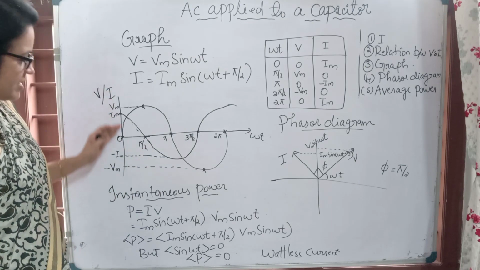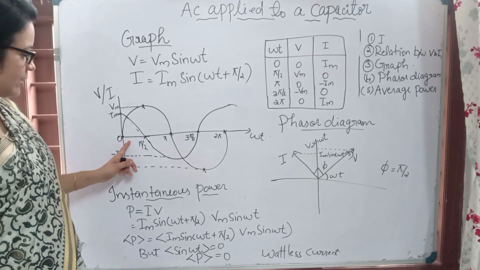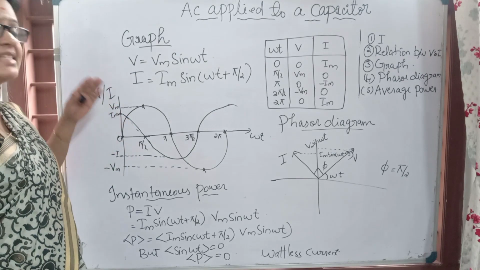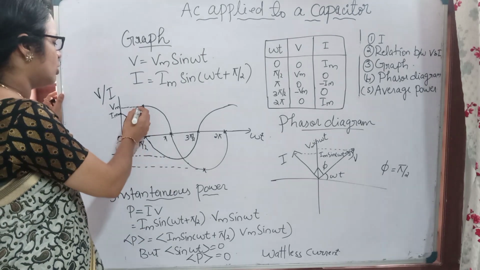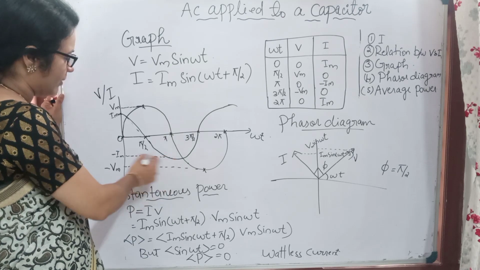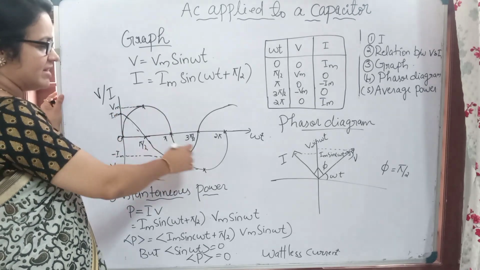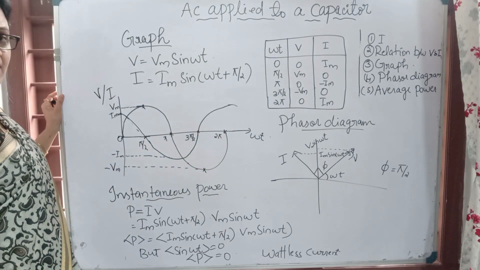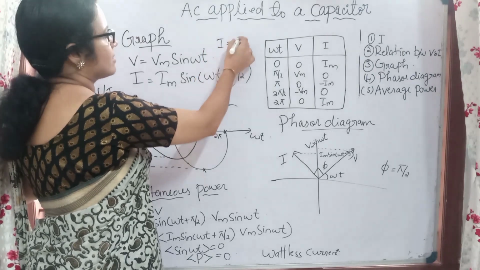So from the graph itself we can understand that when the voltage is 0, the current has reached pi by 2. That means the current leads the voltage by pi by 2. Here we can see the maximum value of voltage, that is Vm over here, and here also we have Vm. And the direction we are giving with this, omega t. And what about magnitude? Magnitude means I is equal to V by R, right?